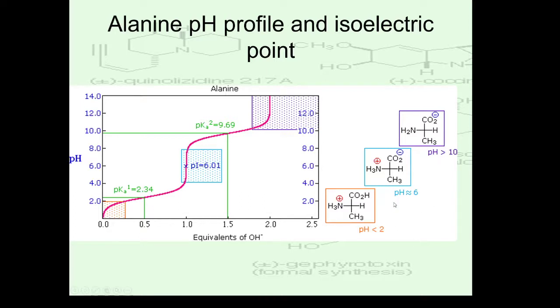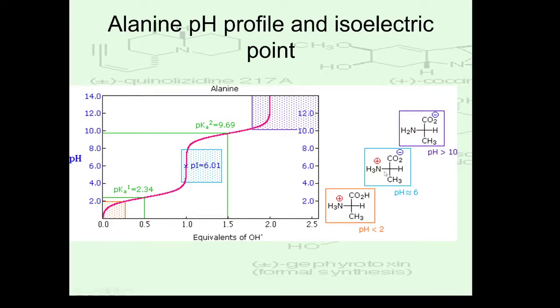Around pH 6, I get both enough protons available for my base end to go and grab them, and enough base present to accept my protons and become negatively charged.